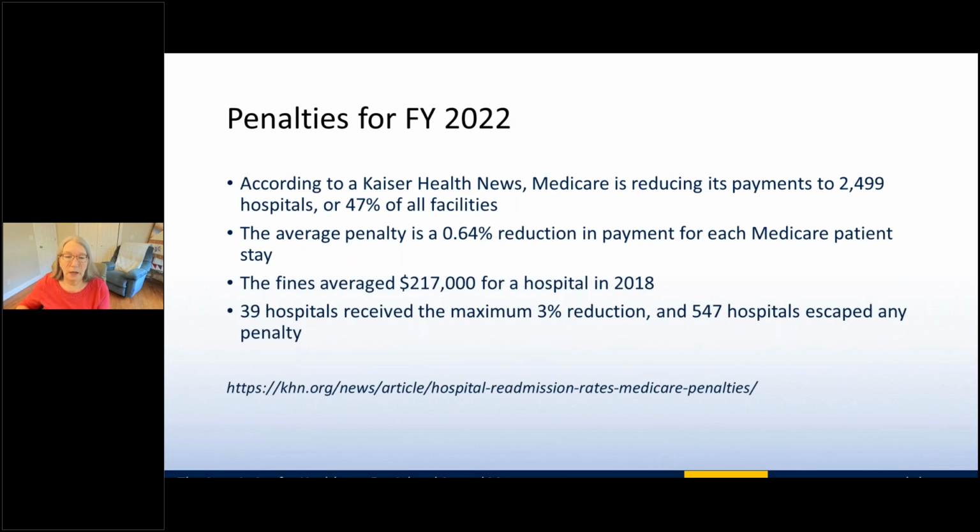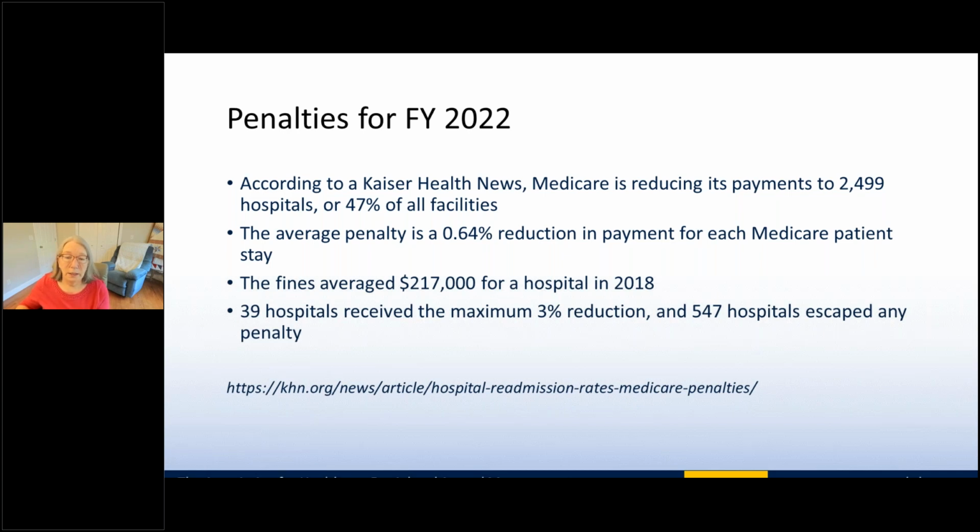Okay, just to give you an idea, the penalties in place for fiscal year 2022, which started October 1st, 2021: Medicare is reducing payments to 2,500 hospitals, or 40% of all facilities. When they say 40% of all facilities, that means there are hospitals excluded from the count.